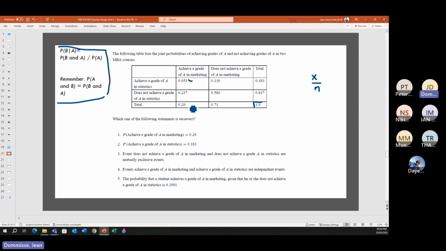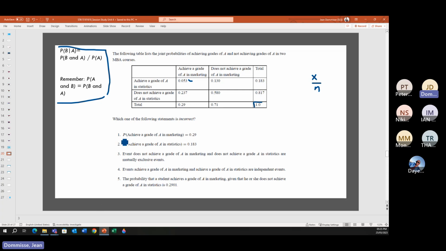Again, if you achieved it and not achieved it, you can see it is 1 minus the other one. On the other side, there is achieved a grade of A in stats and did not achieve an A in stats. And again, you can see how we can work out the complement if they ask it.